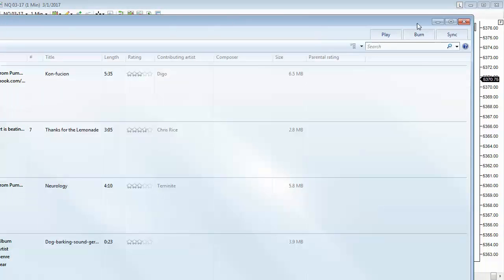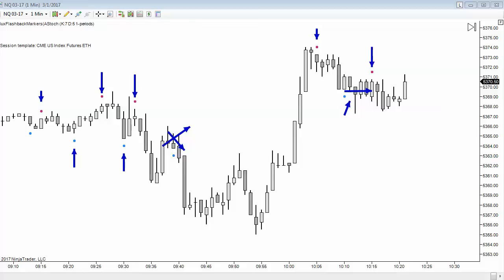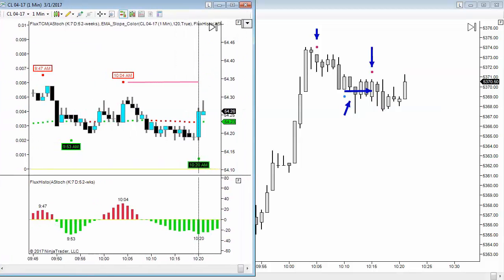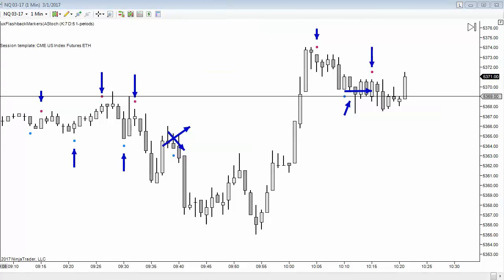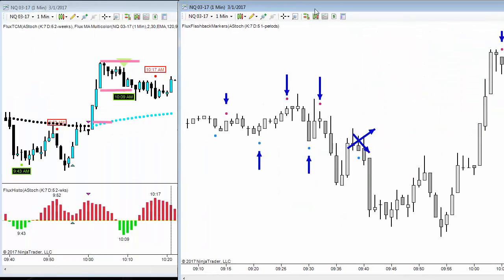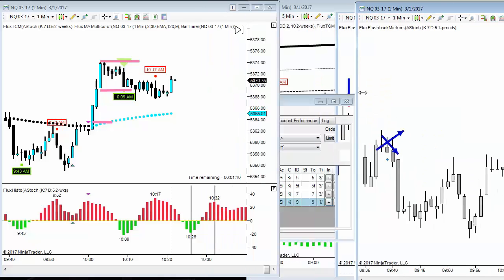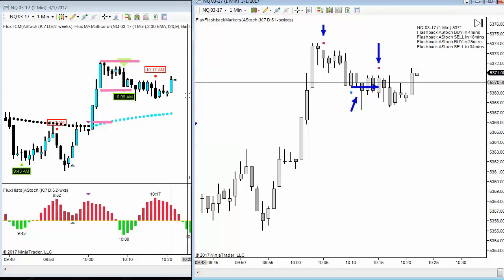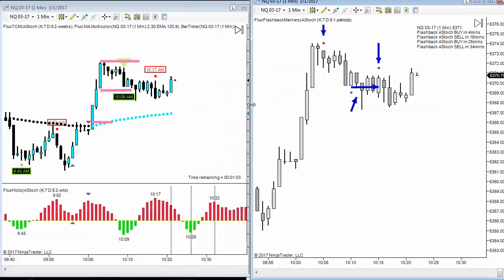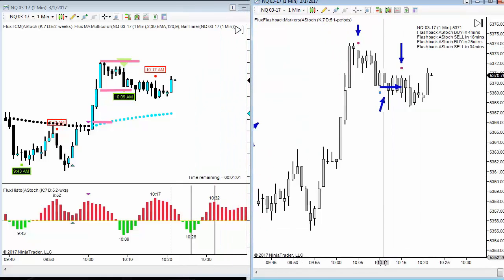And so between those 2 charts, Brent, we now have this analysis. Do you see how we got there so far?